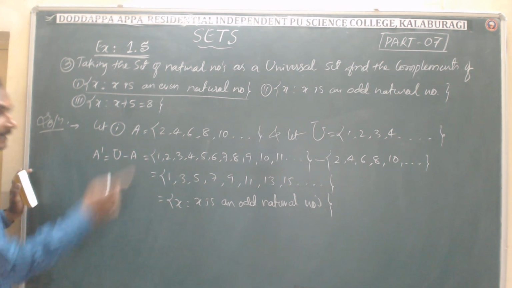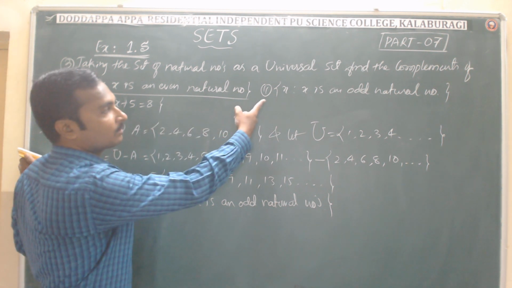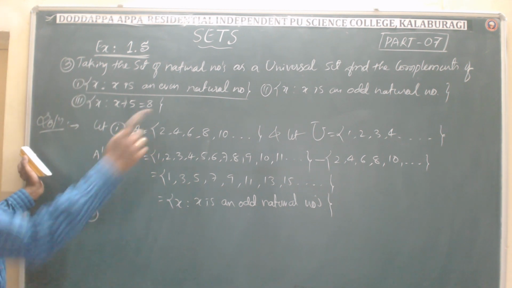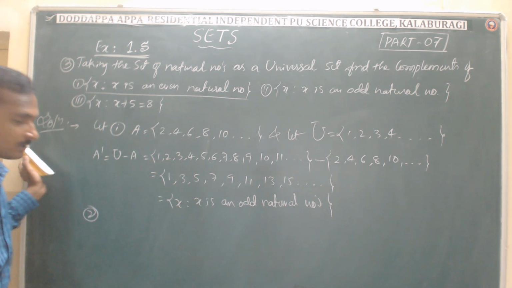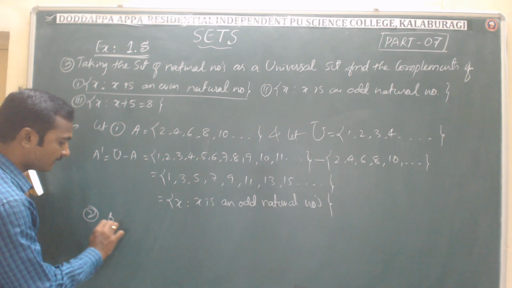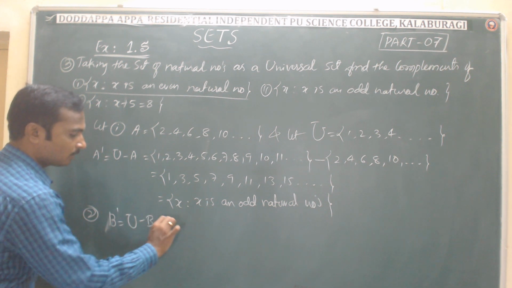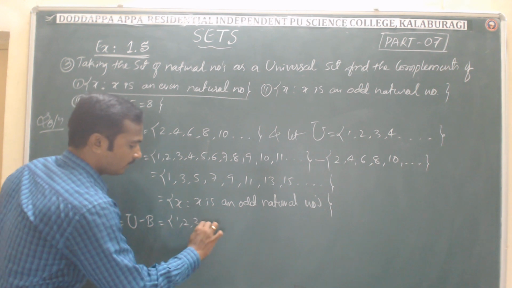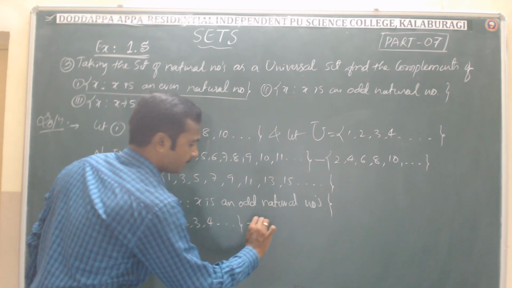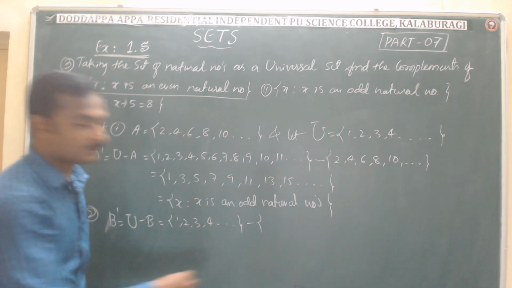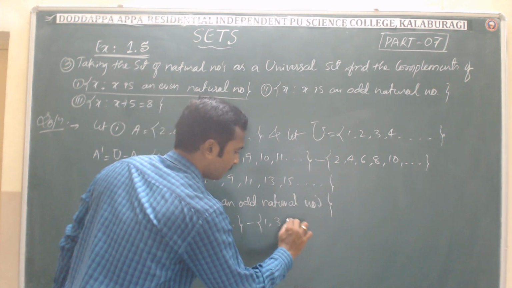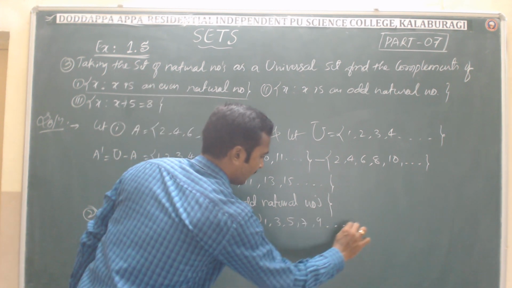Similarly, you can go for the second one. This set contains x such that x is an odd natural number. So, what is the second set, B complement? B complement is U minus B. So, U is 1, 2, 3, 4 and so on, and the B set is the odd natural numbers: 1, 3, 5, 7, 9 and so on.